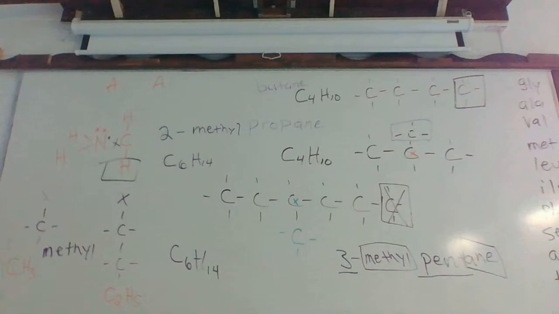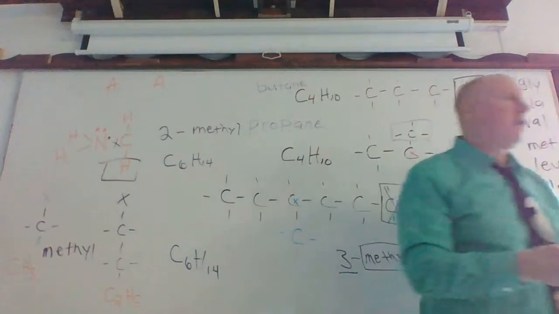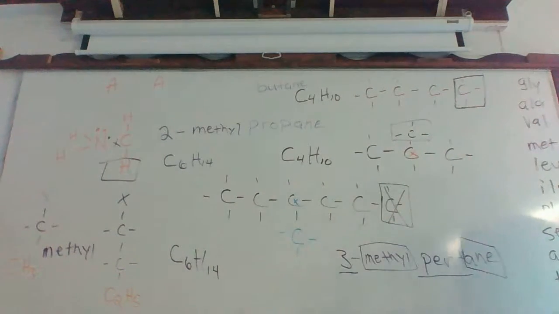Now, that's as far as we go, okay? Because in 2 years, for those of you who take general chemistry, this comes full circle. You have to know a methyl group, an ethyl group, a propyl group, and then an isopropyl group.